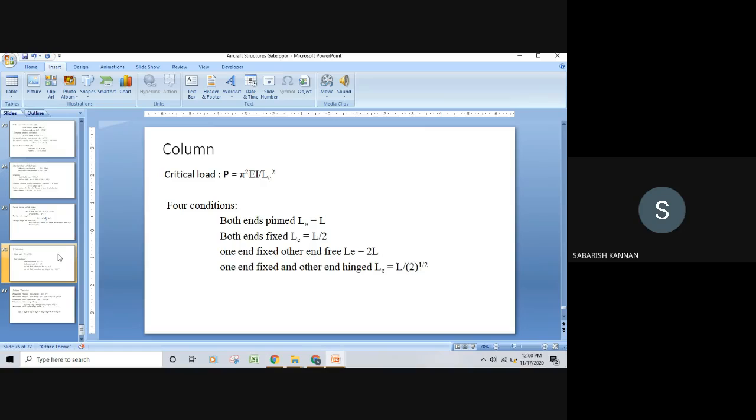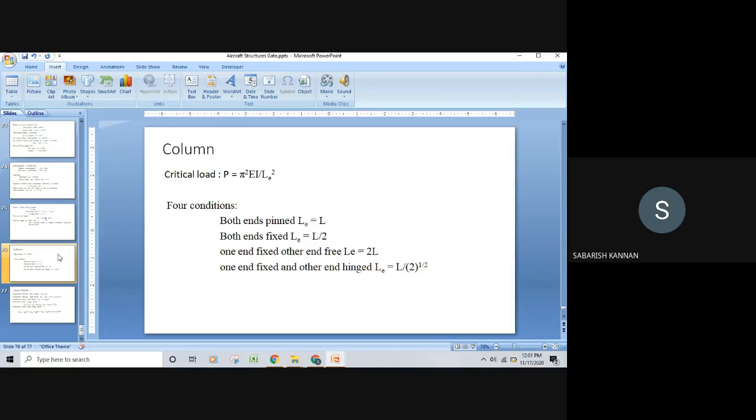So columns is also one of the important topics, but they will ask it rarely. Every 2 years once or 3 years once only they will ask about the columns. Even though it is rare, we should know what a column is and what critical load is.